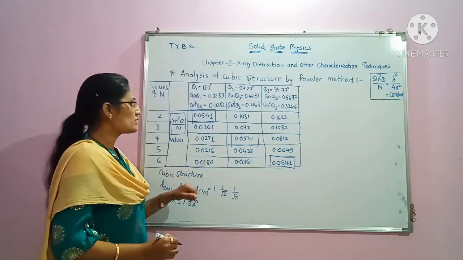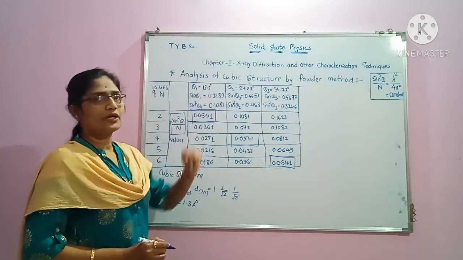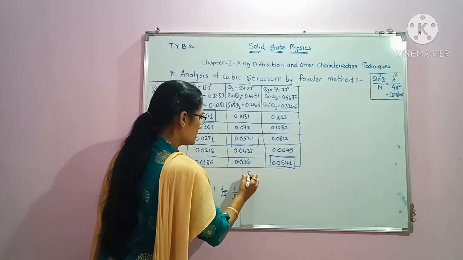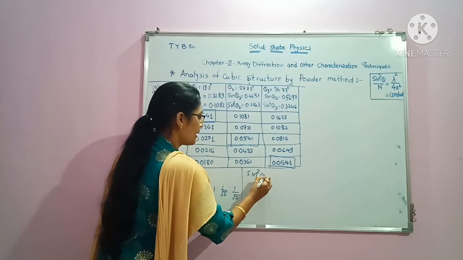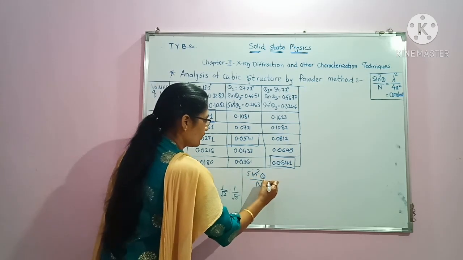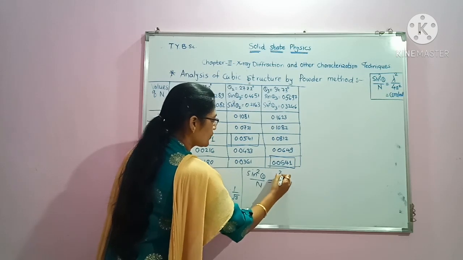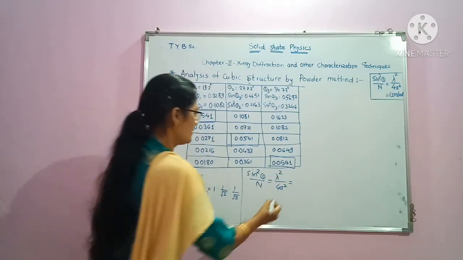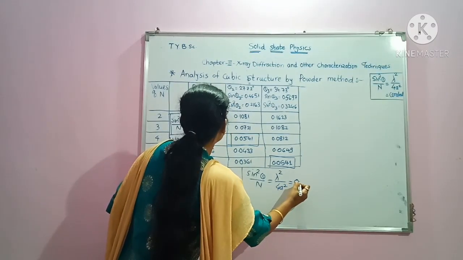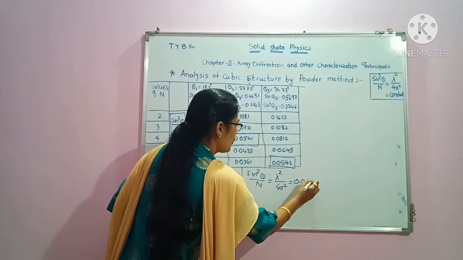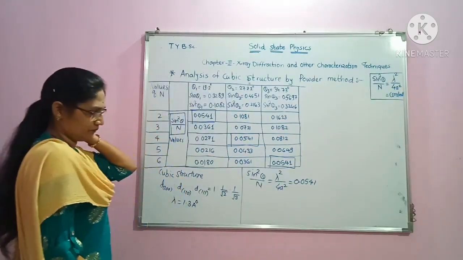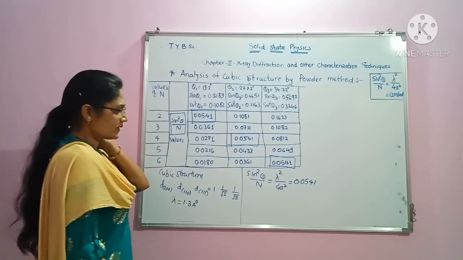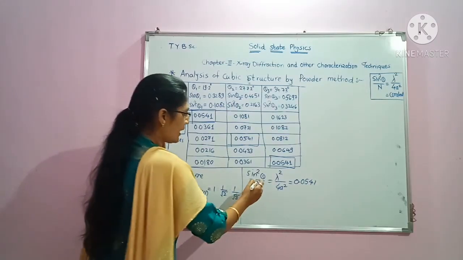This factor is constant for theta 1, theta 2 and theta 3. So we have obtained sin square theta upon n is equal to lambda square upon 4a square, and its value is 0.0541. This is the value of sin square theta upon n.